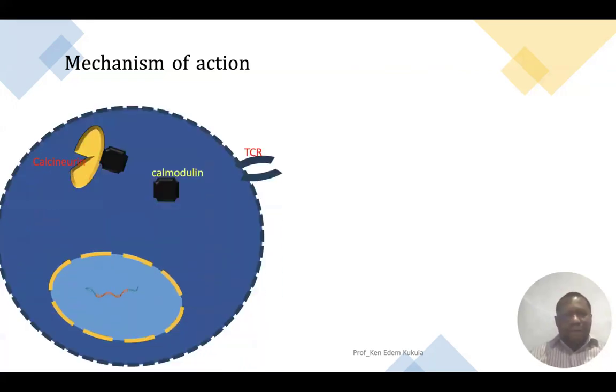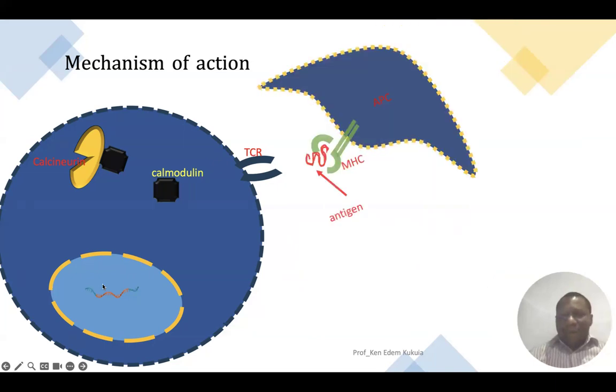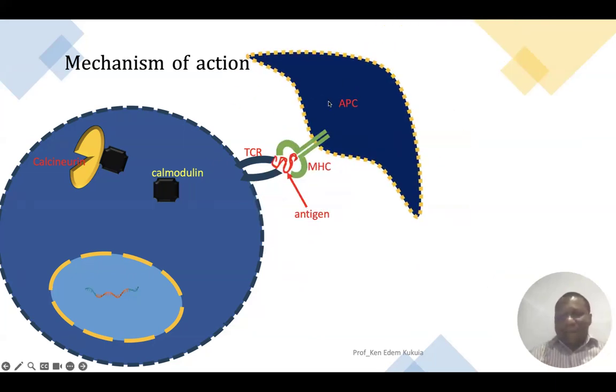So to begin, let's say this diagram is our T cell with a T cell receptor here, our calmodulin in the cytoplasm, calcineurin also in the cytoplasm, our nucleus with its nuclear material. And let's assume that we bring in an antigen-presenting cell. It could be a macrophage, which is presenting an antigen on its major histocompatibility complex to the T cell receptor.